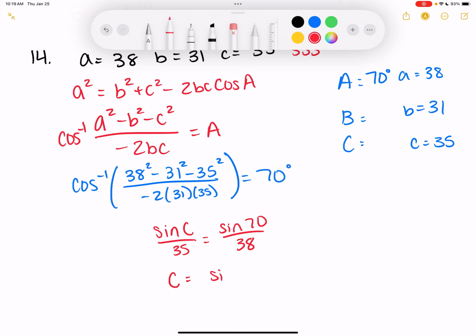So C is the inverse sine of 35 sine of 70 over 38. Yep, so we'll call that 60.